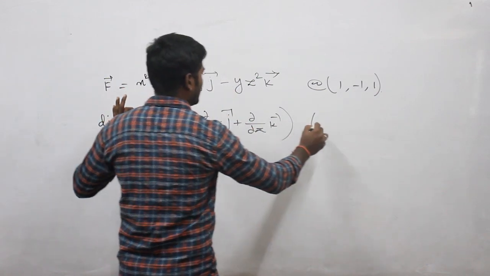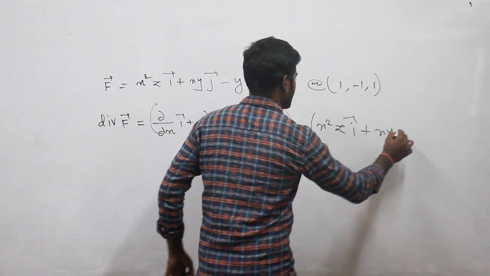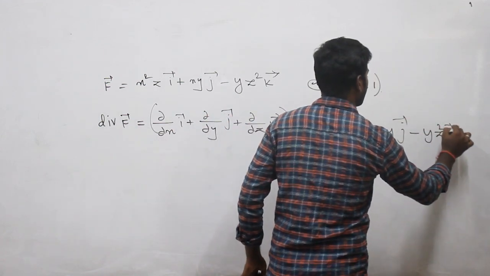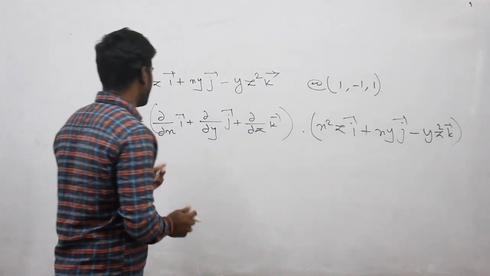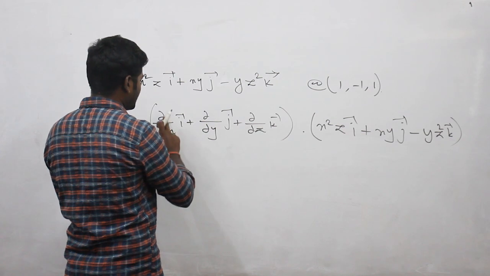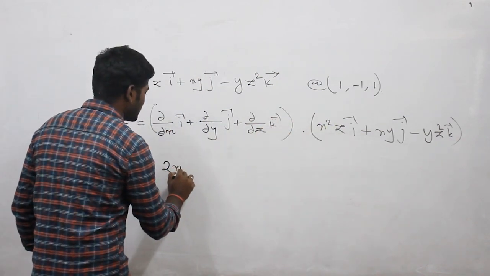F vector value is x square z i vector plus xy j vector minus y z square k vector. So if you take dot product, i into i, so differentiation of this value is 2x with respect to x.